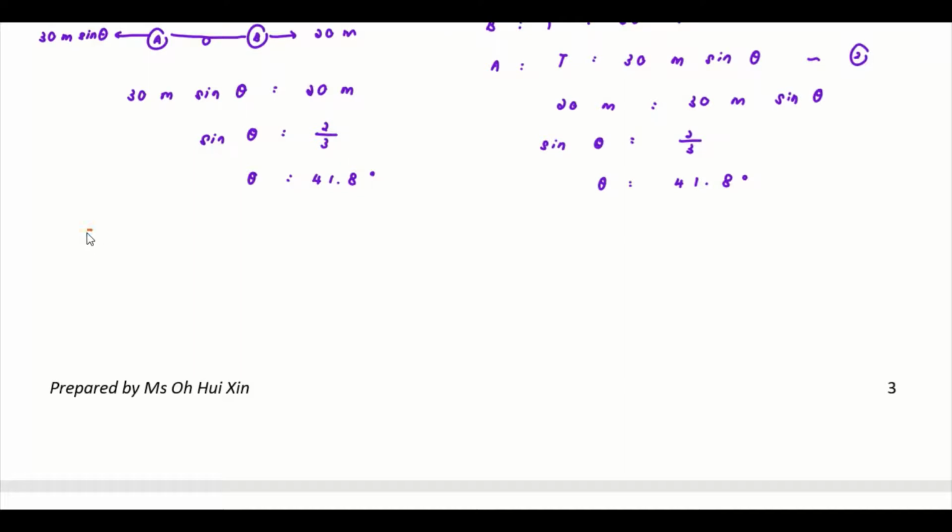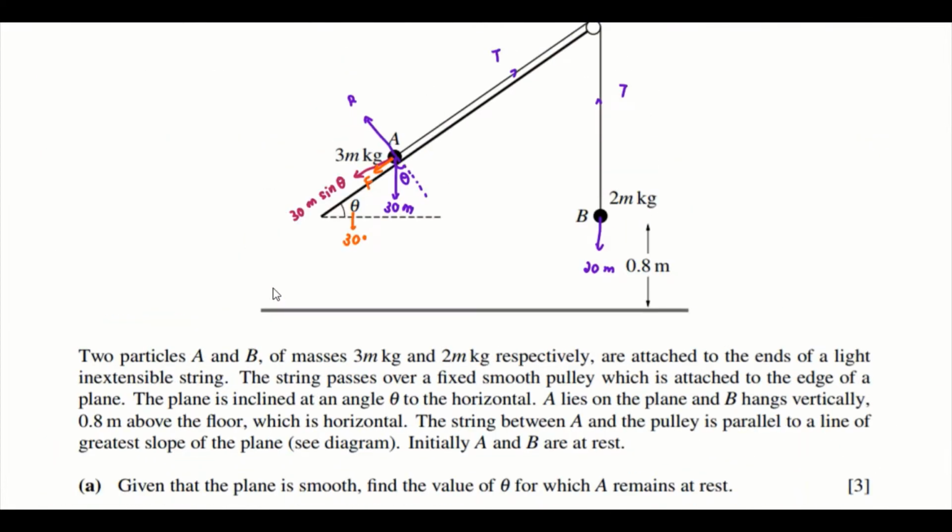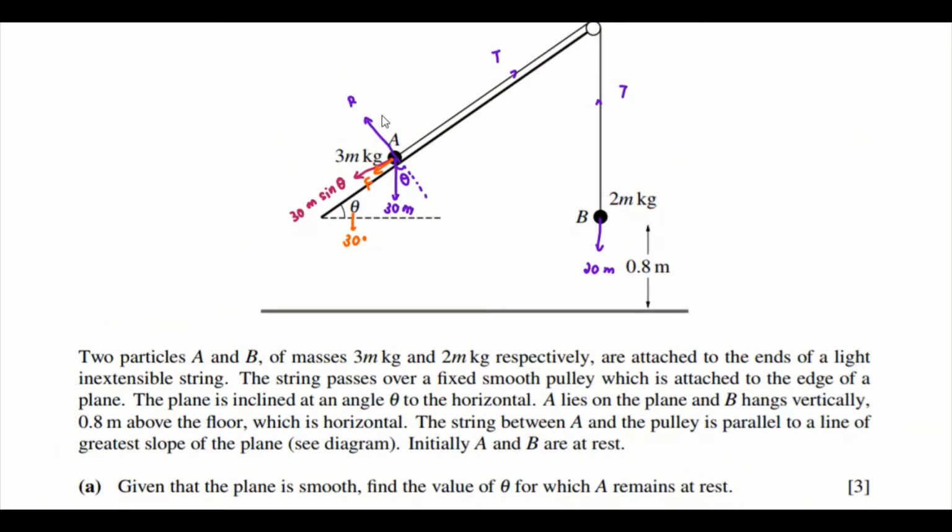So we have theta is 30 and we are given the acceleration is 0.1 meters per second squared. Since there's friction involved, let's solve the normal reaction first. So R will be equal to 30m cos theta, and don't forget this is 30m, don't write 30 only, or you'll have a problem when you solve later, because you should have m all the way.